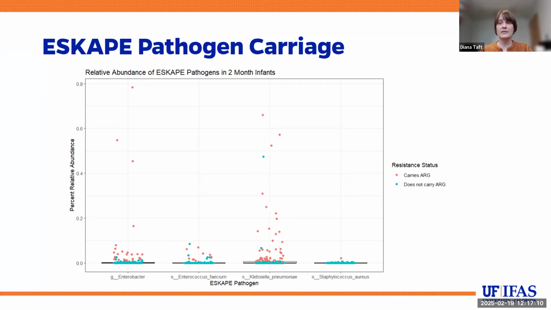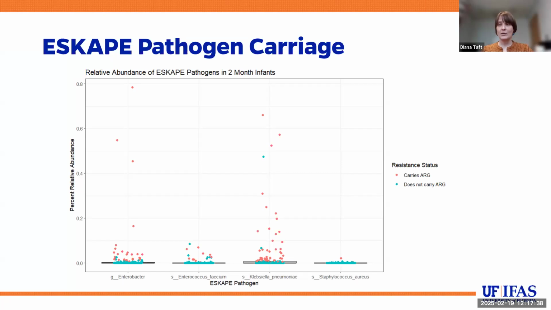In particular, infants carry in their guts potentially 4 different antimicrobial resistant escape pathogens, including multiple representatives of the genus Enterobacter, Enterococcus faecium, Klebsiella pneumoniae, and Staphylococcus aureus.